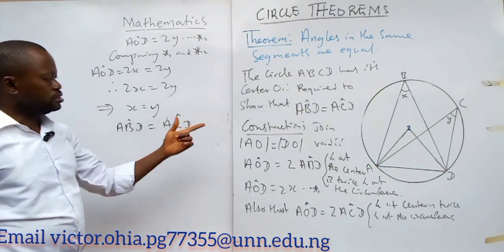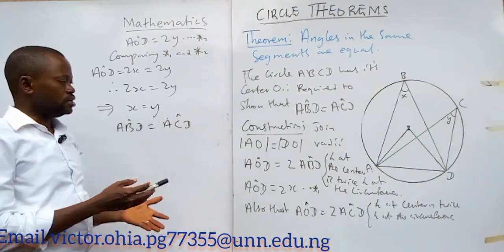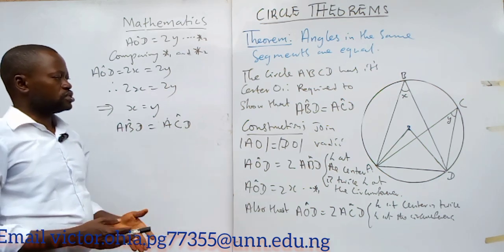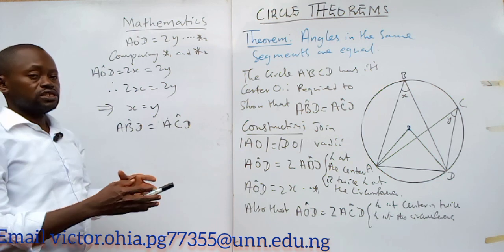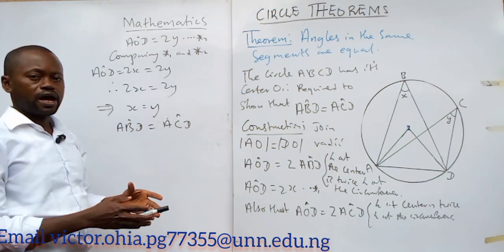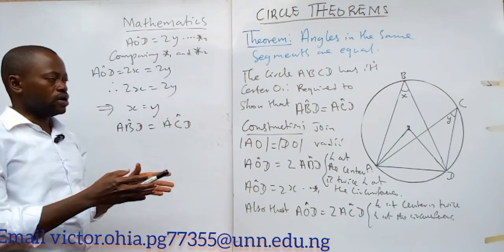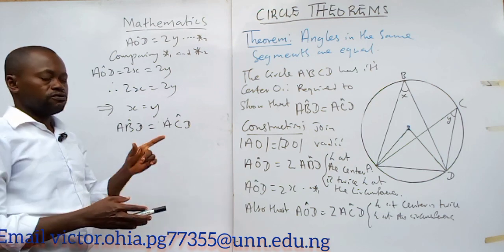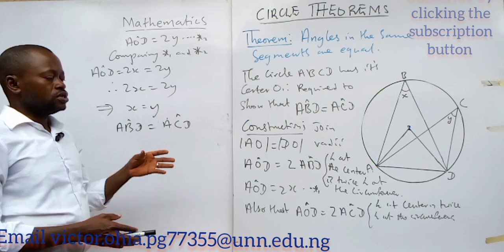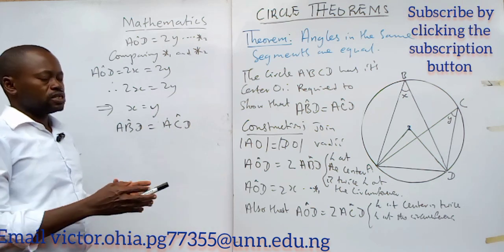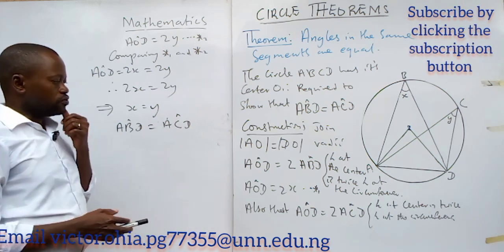This is, in a few steps, the way to show that angles in the same segment are equal. And we explained that using the first theorem, that the angle which a chord subtends at the center of the circle is twice the angle which it subtends at any other point on the circumference.